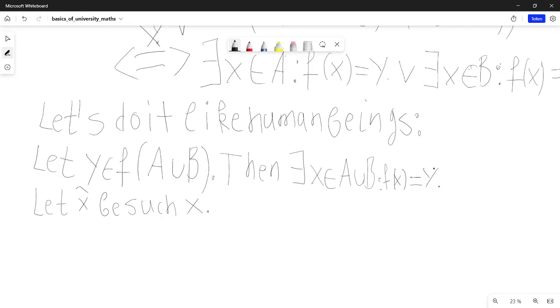Okay, let x tilde be such an x, then of course it is such an x chosen like this.